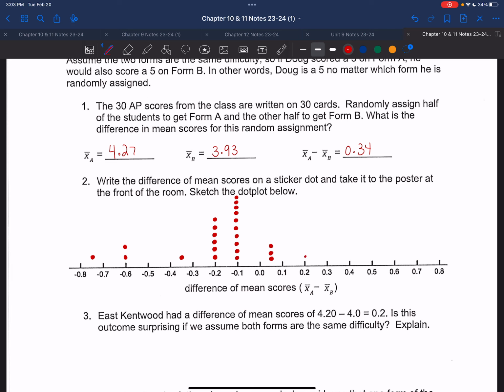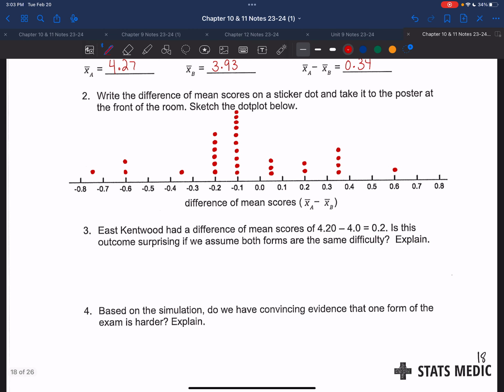I've got 2 at 0.2. I've got 4 at 0.35. And I've got 1 at 0.6. So each one of these dots represents a simulated sample of Form A minus Form B. It's looking at the difference in scores. And so this is the randomization distribution of X bar sub A minus X bar sub B.